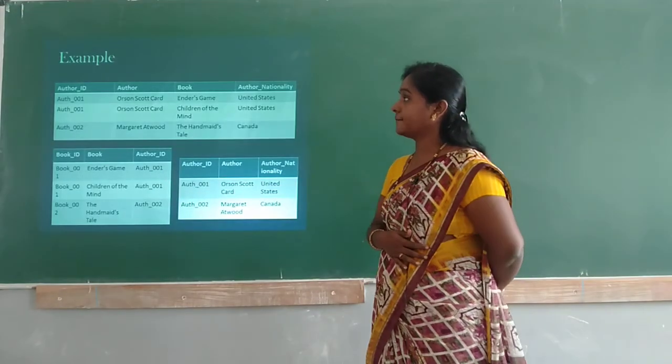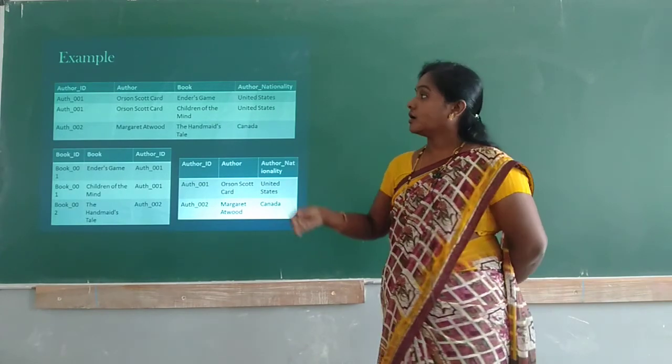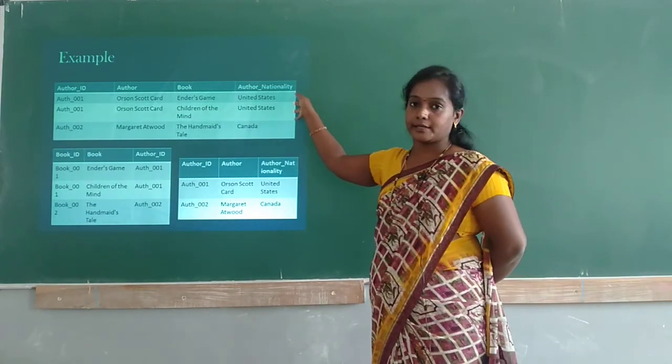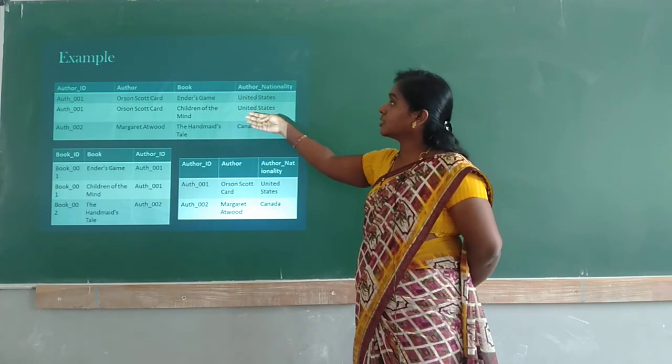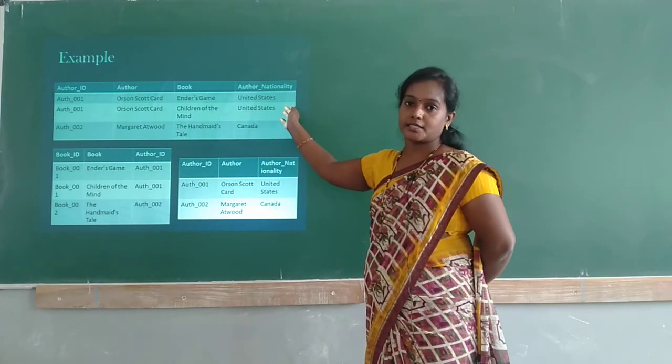Next we have an example here. See here, we have an author table, which has author ID, author, book and author nationality.